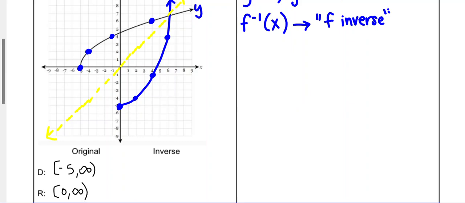And then if we look at the inverse function, its domain goes from 0 to infinity, and its range goes from -5 to infinity. And if you notice here, the domain of the original function is actually the range of the inverse and vice versa. And that's because we switched the x's and the y's, and we know that domain is x's and range is y's.